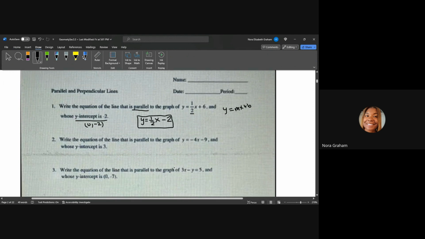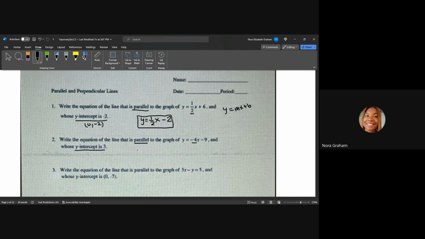For 2, same thing, write an equation of a line that is parallel to the graph of y equals -4x minus 9 and has the y-intercept of 3. All right, again, since they give us our y-intercept, we don't have to use point slope form. So since our lines are parallel, that means we have the same slope.